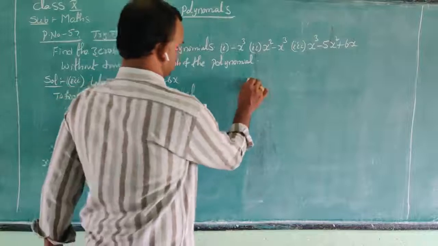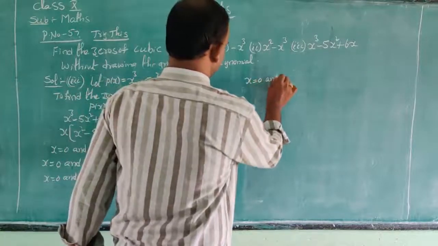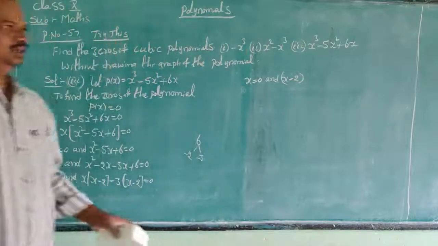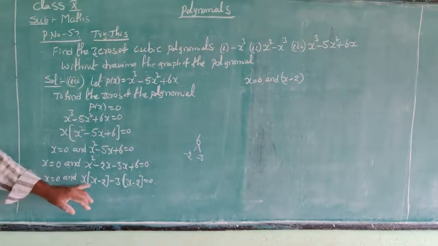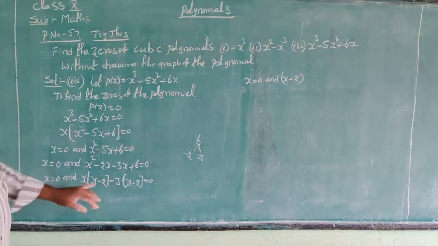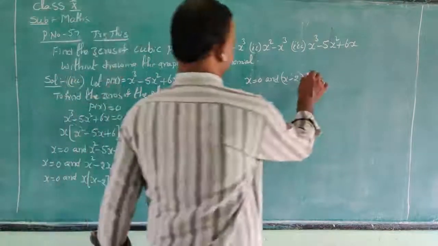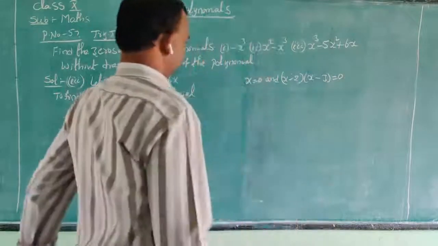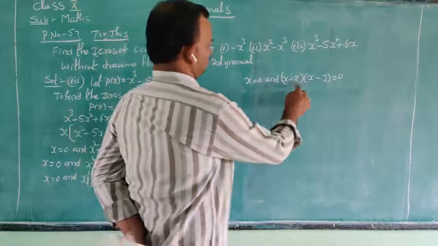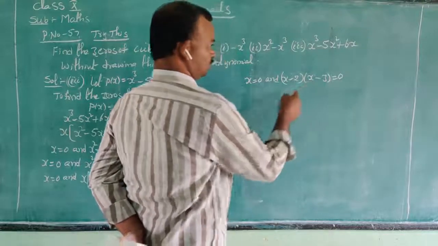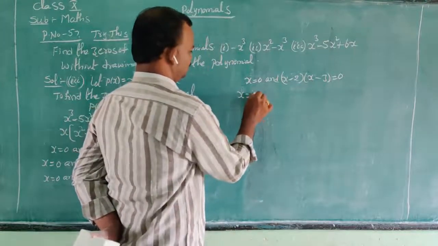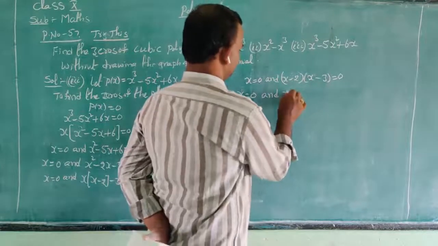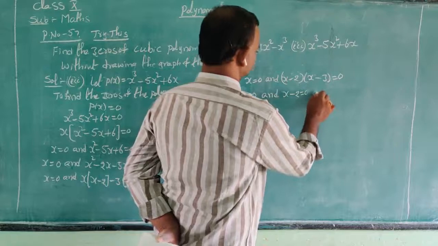So the values are x is equal to 0, and the common factor x minus 2, and the next factor x minus 3 equal to 0. Again we are equating the factors to 0.